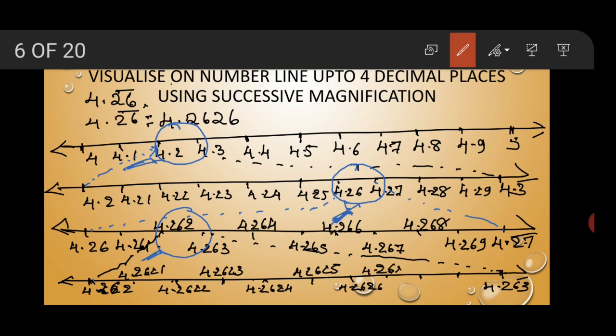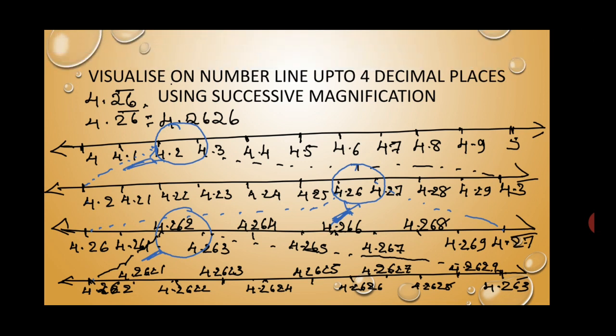This is 4.2627, 4.2628. This is 4.2629. In this way. Now we can identify the given number on the fourth number line, 4.2626.